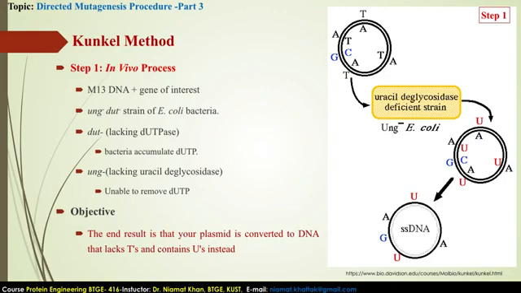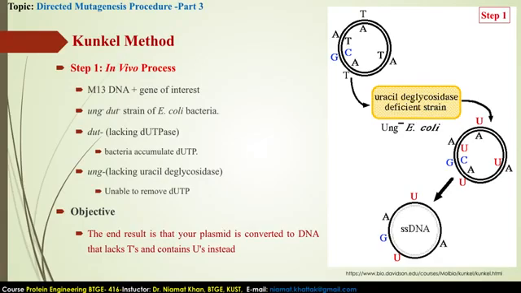Step 1, in vivo process. M13 DNA containing the target sequence to be mutated is placed into an E. coli strain that lacks uracil deglycosidase and dUTPase enzyme. This strain is normally known as UNG negative and DUT negative strain.